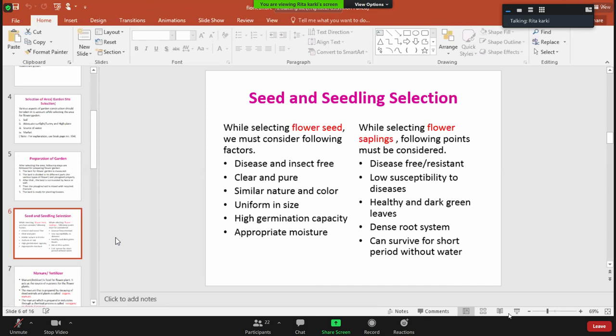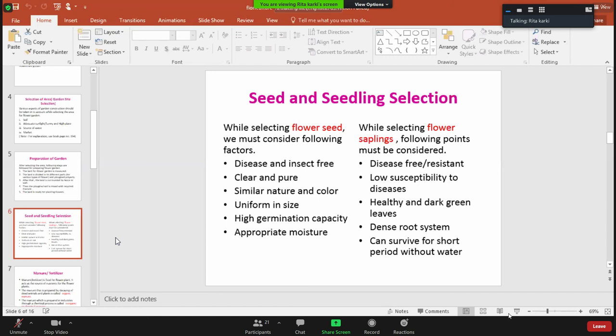So we should always separate the seeds according to their color. If the seeds are very, very dark in color, or have something adherent to their body, such seeds should not be selected. Those seeds will not grow and develop properly.